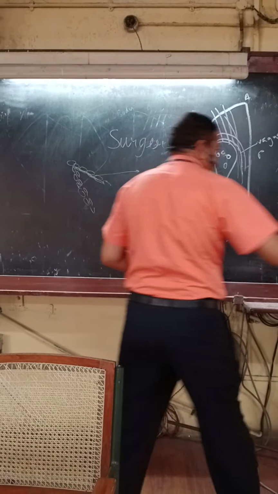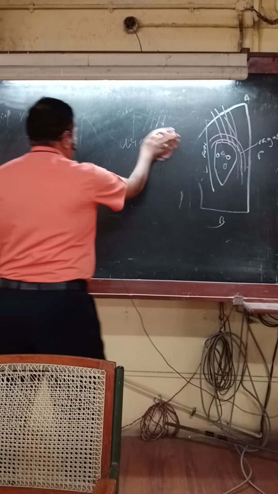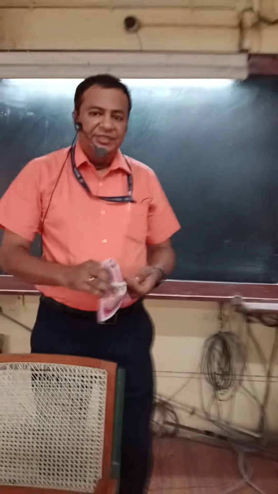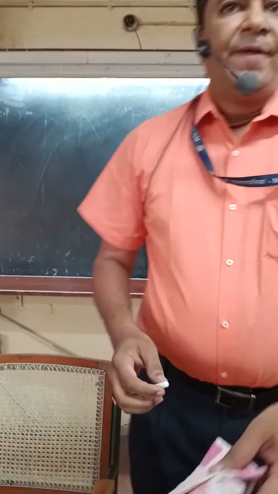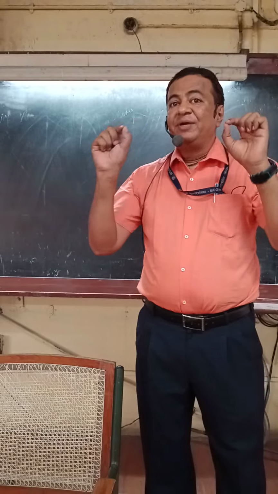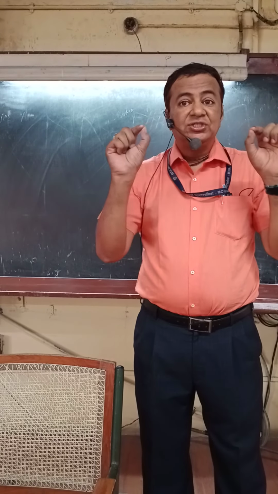With that, we start discussing the bronchopulmonary segments. What are bronchopulmonary segments? Anyone? These are the segments of the lungs aerated by a tertiary bronchus.